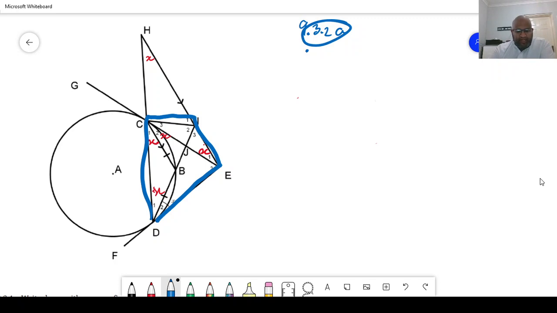We prove that opposite angles are supplementary. We prove the converse of angles in the same segment, which we will be using here. Or we prove that the exterior angle is equal to the interior opposite angle.